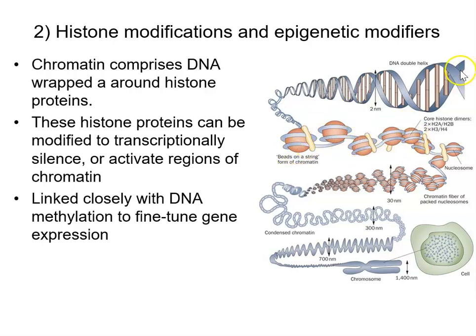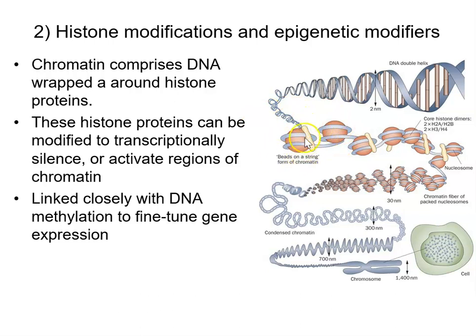And if we look at the number of nucleotides from this point here to the same point on the next histone core or nucleosome, it is about 200 base pairs of DNA. So when we actually work out the mass of chromatin, approximately half of it is DNA, half of it is histone proteins, and the DNA is predominantly wrapped around histone proteins, and then there's these regions of linker DNA that are not wrapped around histones.